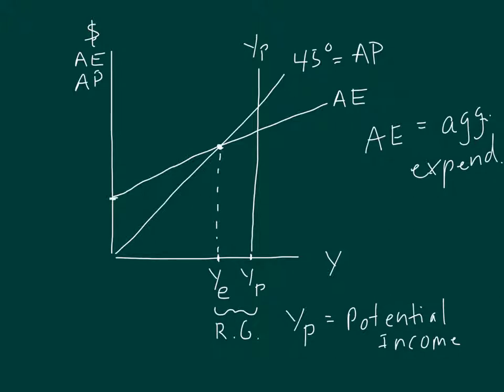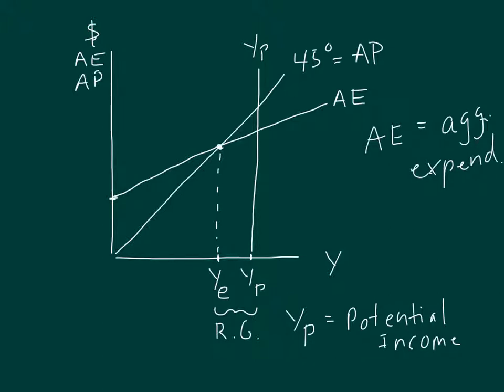And indeed, it will function in much the same way. If we look along the YP value here, what we will see is that at YP, the aggregate expenditures function implies that expenditures are going to be less than aggregate production, which we read from the 45-degree line. So production is higher than spending. That means that all of the production value being created is not being spent.